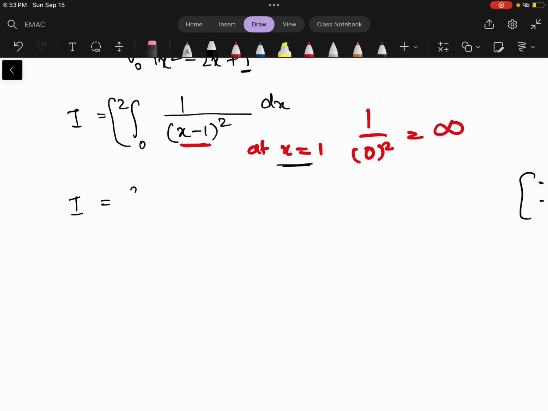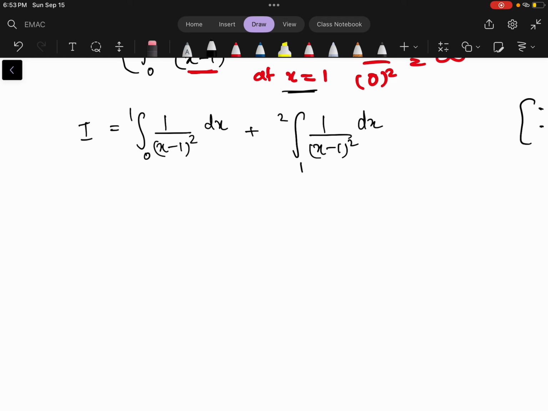So we're going to rewrite this as the integral from 0 to 1 of 1 over x minus 1 whole squared dx, plus the integral from 1 to 2 of 1 over x minus 1 whole squared dx. Since this is an improper integral, we're going to use a limit. Since we have 1 twice here, we're going to have to use limits for both these terms.